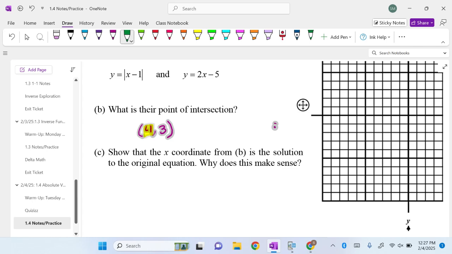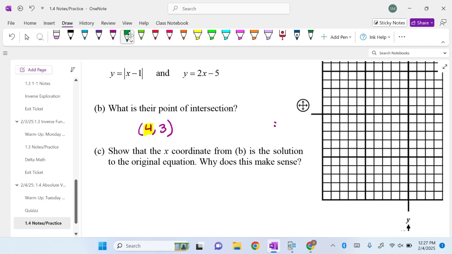So I'm going to plug it back into both equations. Before we even solve the equation, what do you think both y values are going to equal? 3. Why do you think 3?